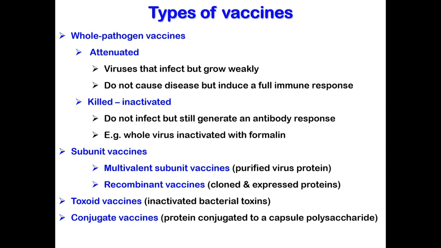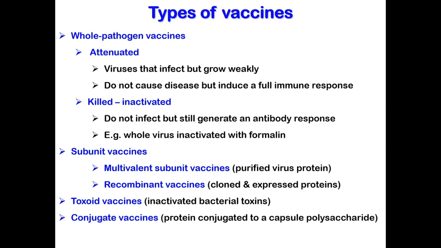And there's also a risk of the attenuated pathogen reverting back to full virulence. And we're going to talk about that later when we talk about the polio vaccine. So examples of the live attenuated vaccines are chickenpox, German measles, mumps, TB, typhoid fever, and yellow fever.